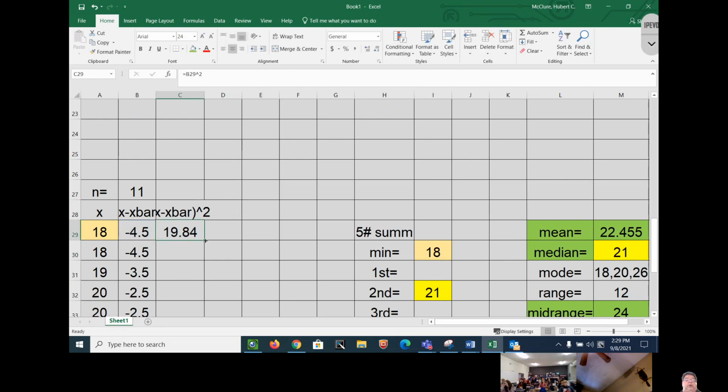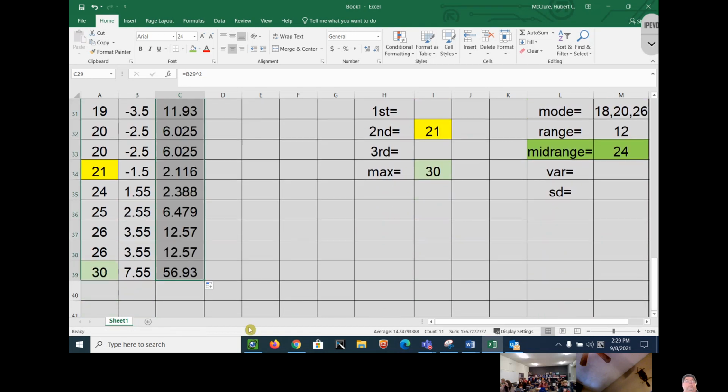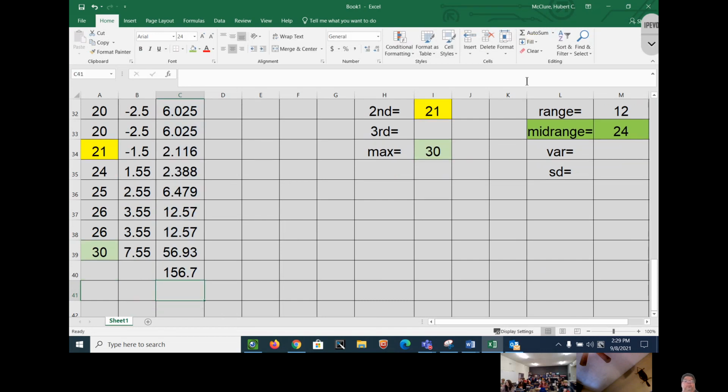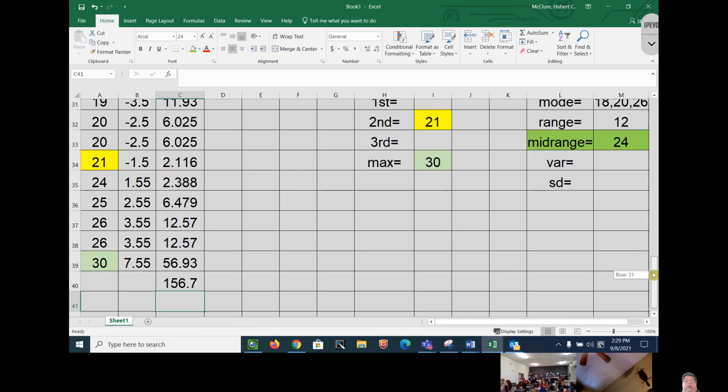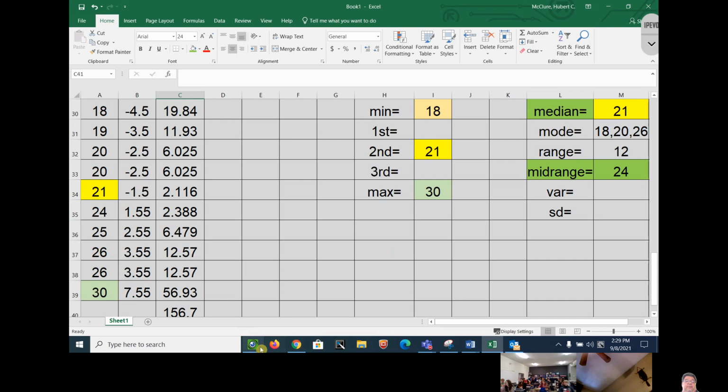And that basically makes all of them positive. And add those up. So for my variance, I have a numerator of 156.7.